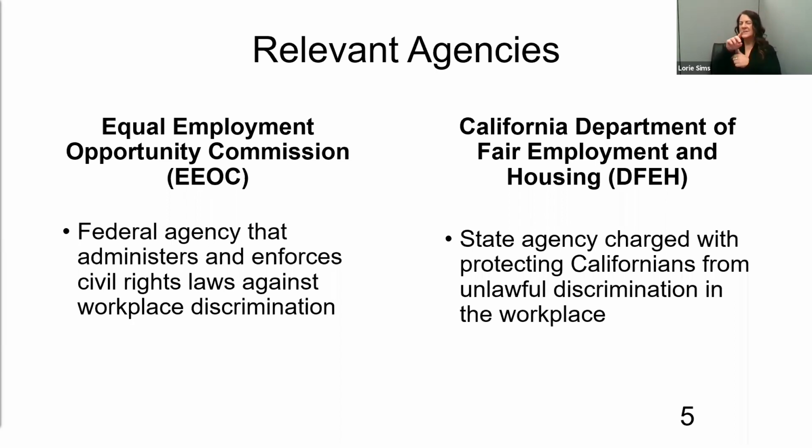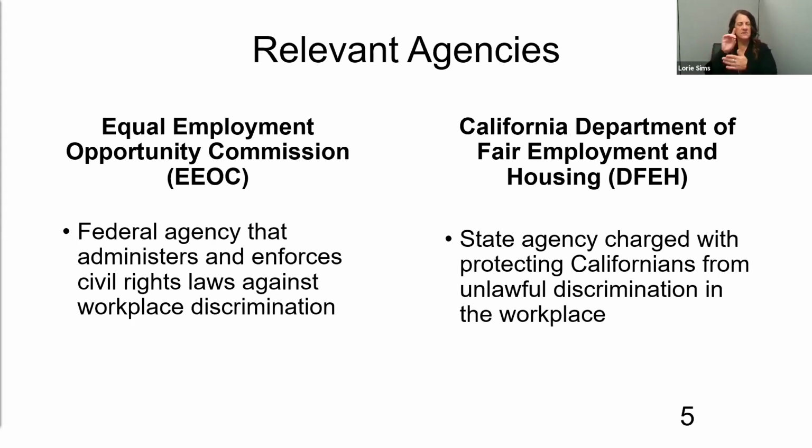The California Department of Fair Employment and Housing, or DFEH, is the state agency that does the same thing. DFEH, by the way, also enforces discrimination laws in other contexts, housing and housing discrimination, discrimination by businesses, and discrimination by government entities. It's not only employment and housing, that's just the name of the agency.